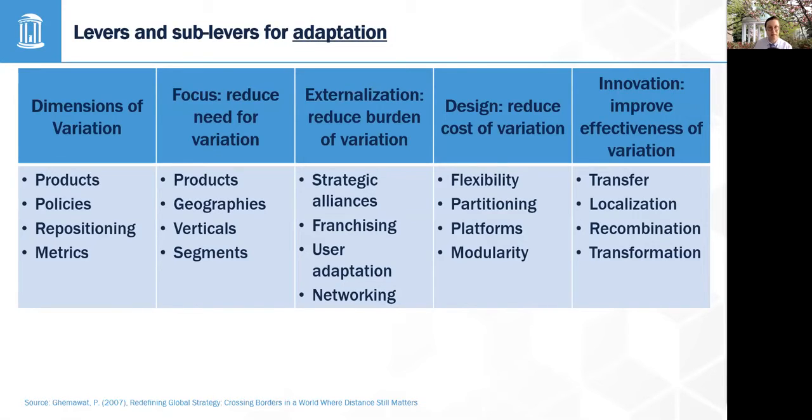Localization is essentially allowing innovation within the target geography. So allowing your employees in each country to figure out what needs to be adapted. Recombination is a more extreme version of that, essentially allowing products to be created from scratch for local markets.